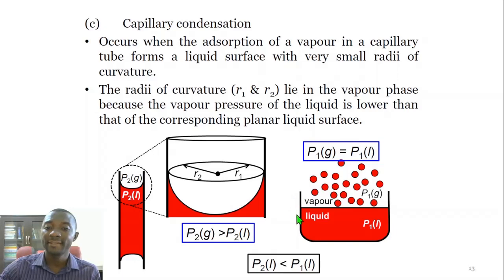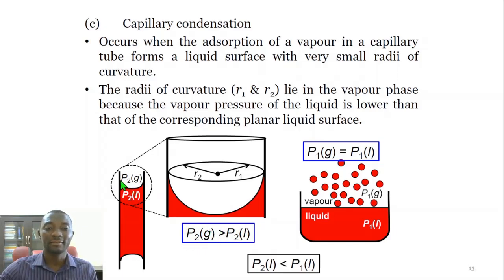If we compare this to the planar liquid surface, where the vapor pressure is equal to the pressure of the liquid and the surface is flat, of course this is greater than this.